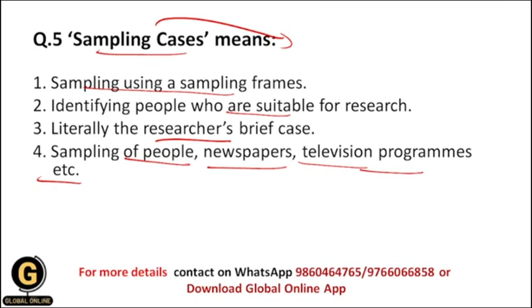It could be a person, it could be people, it could be any kind of objects. And that's why your correct answer should be 4, because sampling of people, sampling of newspapers, sampling of television programs, sampling of incidents, sampling of certain objects, these are the sampling cases.